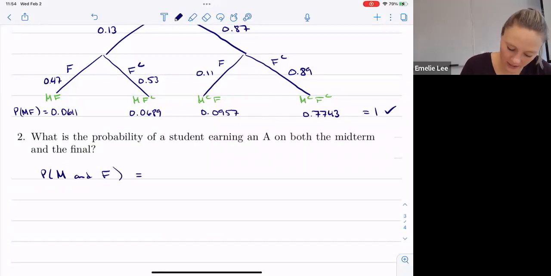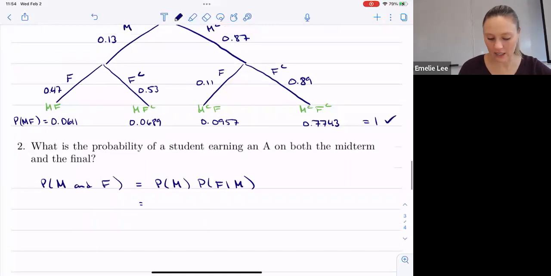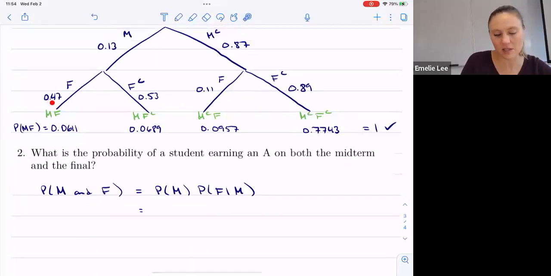You guys get it. It's the probability of M times the probability of F given M. Given, yeah, because this is the conditional probability, right?